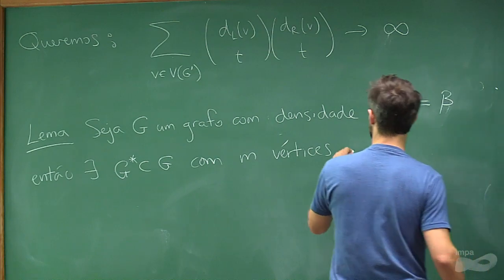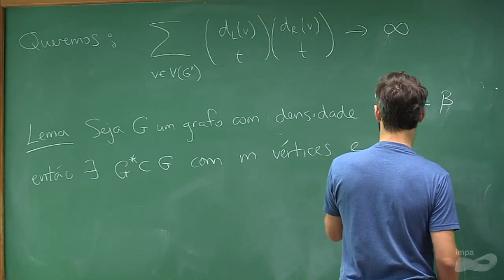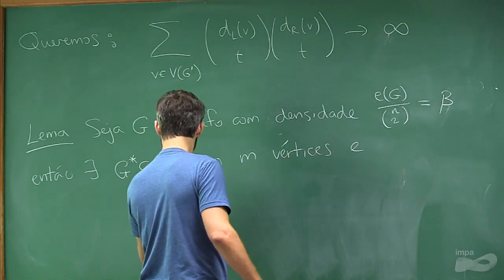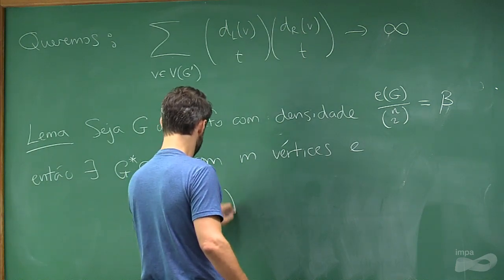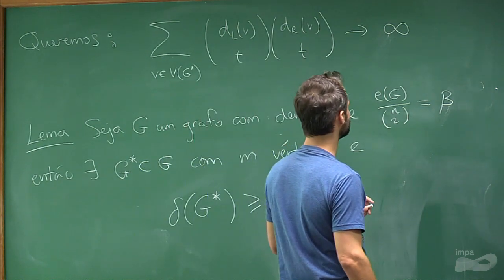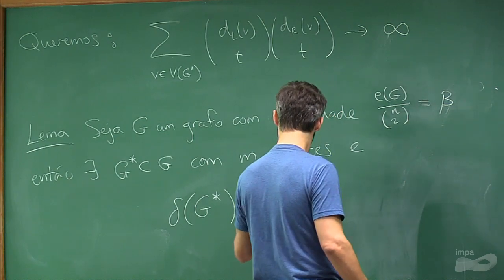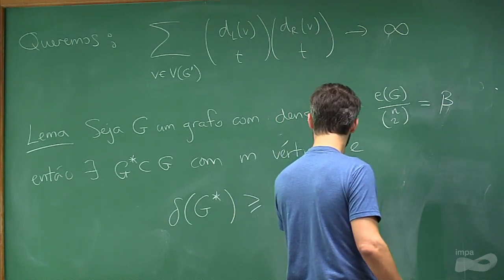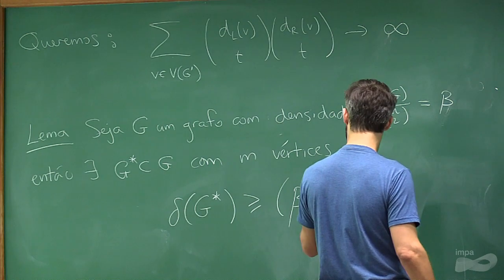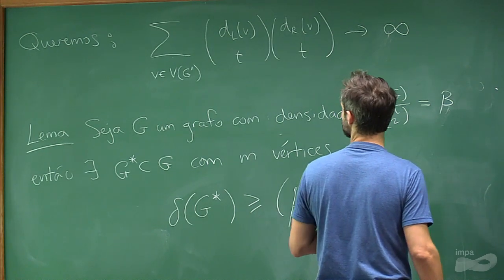So with m vertices, the minimum degree of G star should be at least the average degree minus epsilon times m.